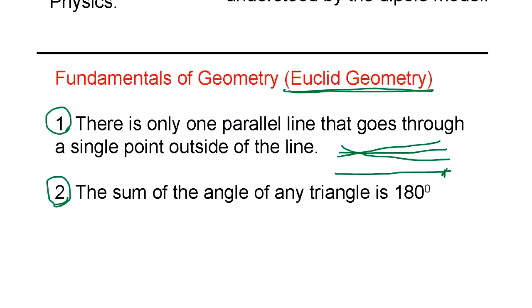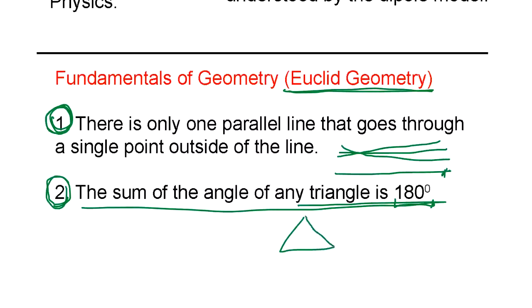You assume this is correct, then you can prove that the sum of angles of a triangle is 180. On the other hand, if you assume the sum of angles in any triangle is 180, then you can prove this. So either way is fine.